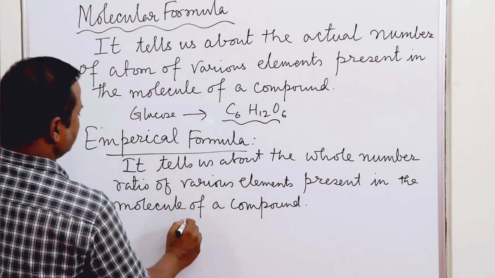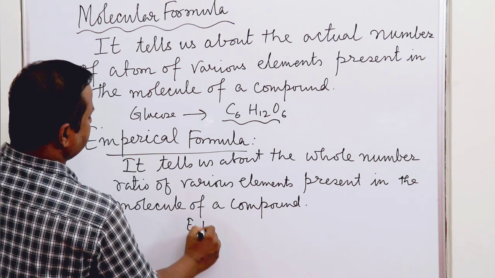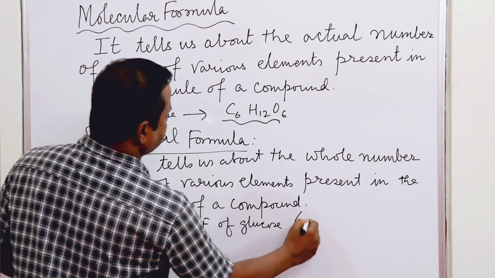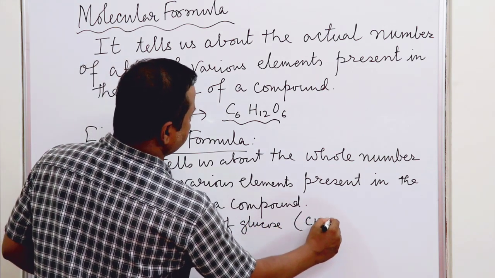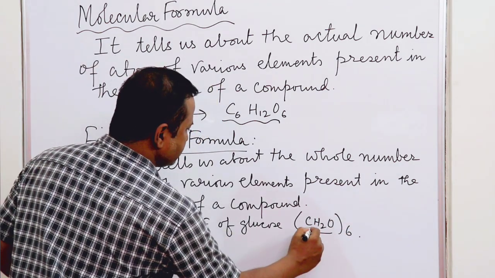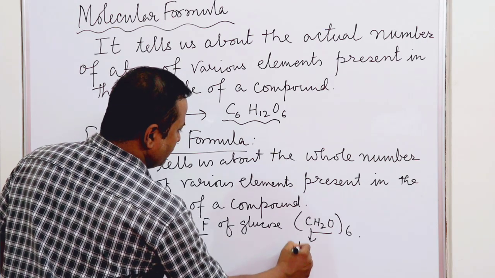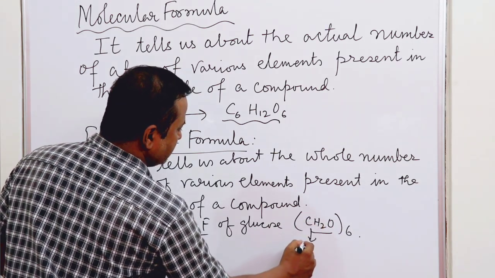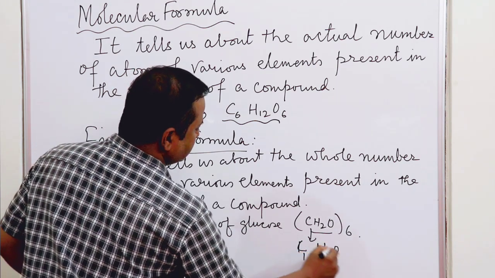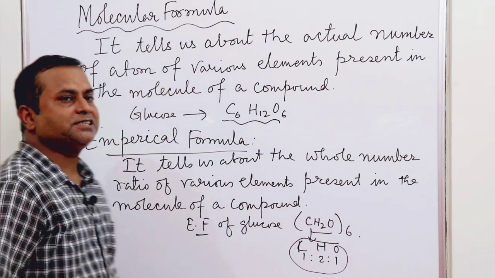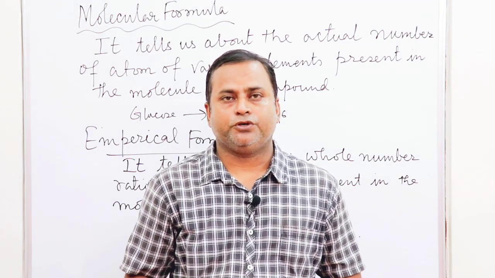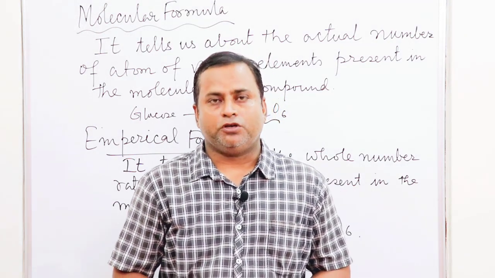For example, this glucose: the empirical formula of glucose is CH2O. That means the empirical formula tells us that the ratio of carbon, hydrogen and oxygen is 1:2:1. So empirical formula just gives us the whole number ratio of the various elements present in the molecule of a compound.